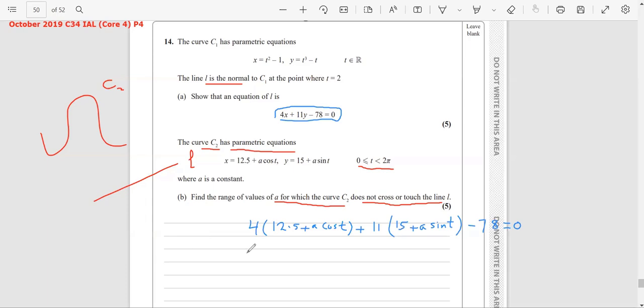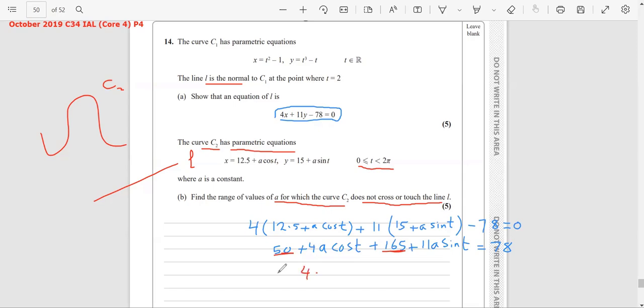So you need to expand here. This will be 50 plus 4a cosine t added to 11 by 15 is 165 plus 11a sine t, and then minus 78, or you can just move the 78 to the other side after the equal sign. We can collect the constants first and leave them on the other side.